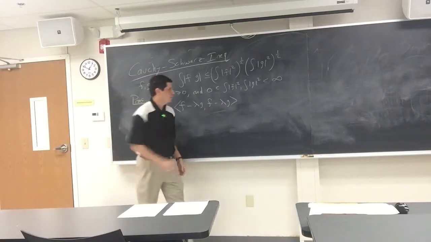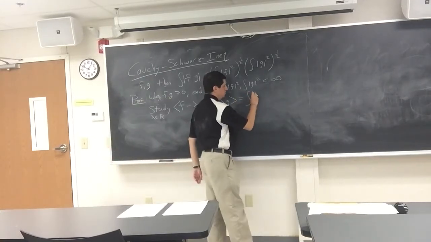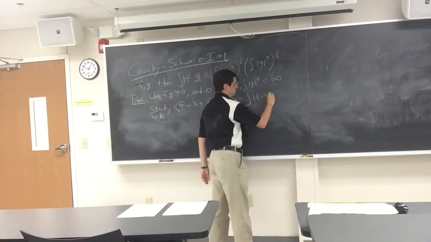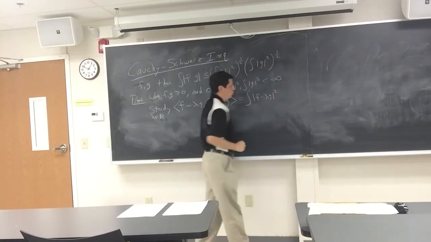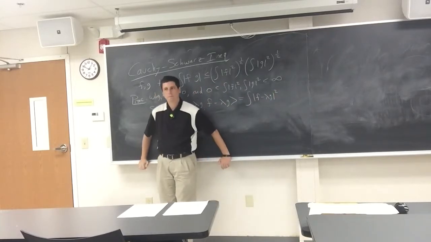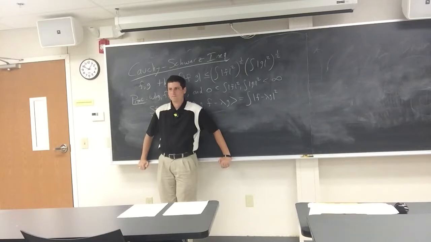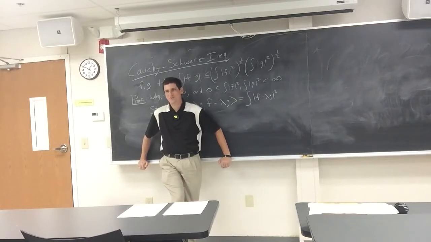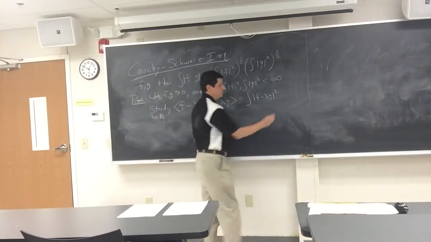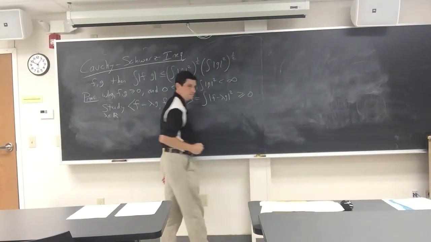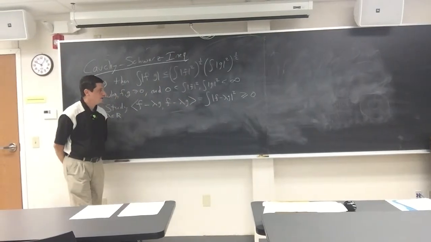Well, that's just itself. So this is just the integral of (f minus lambda g) squared. What can you tell me about that integral? Almost, you're very close. Greater than or equal to 0. So this is true for any lambda.